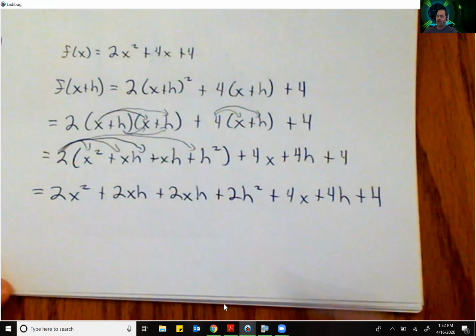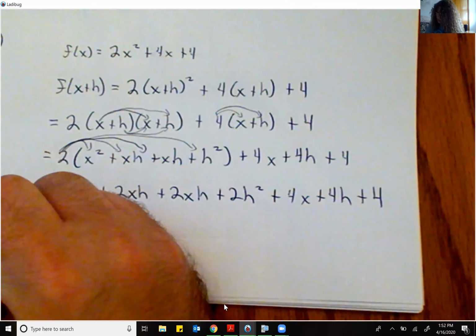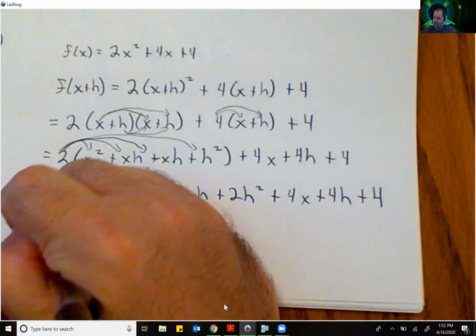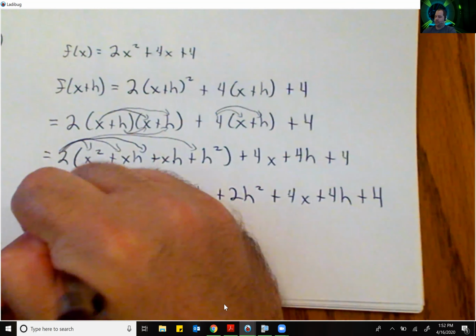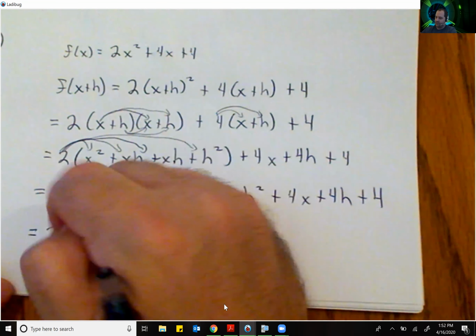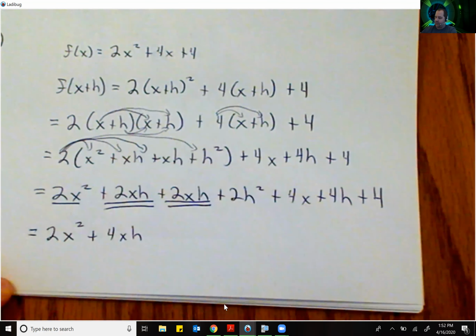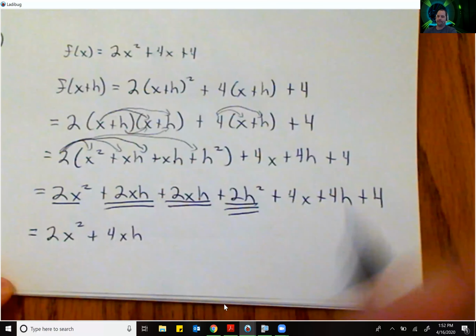So is anybody getting together with the 2x squared? No. So 2x squared. Is anybody getting together with 2xh? Yes, the other 2XH, so that gives us 4xh. Perfect. Anybody getting together with 2h squared?